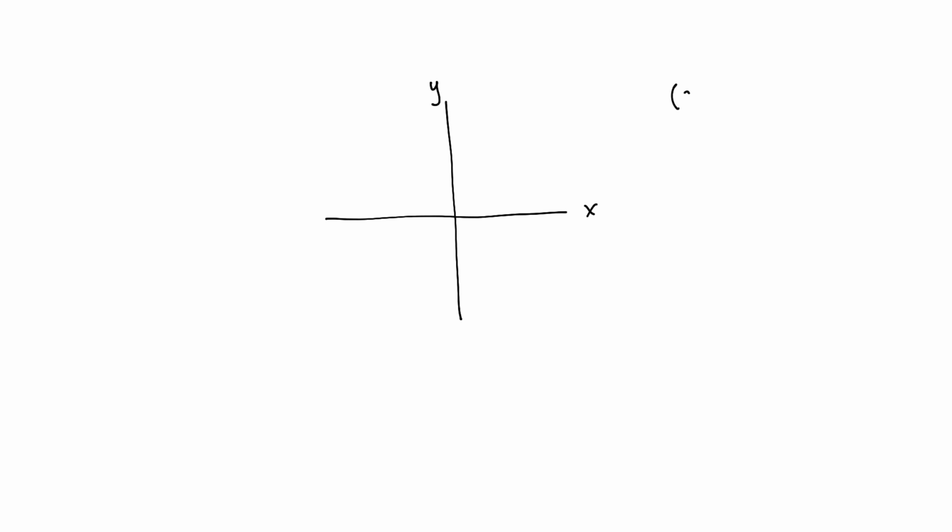For example, if I had 0, 2, this means we're not going across at all, but we're going to go up 2. So that becomes right here. If I have the 2 in the x position, then I'm going to go to the right 2, but I'm not going to go up or down. So I will be over here.